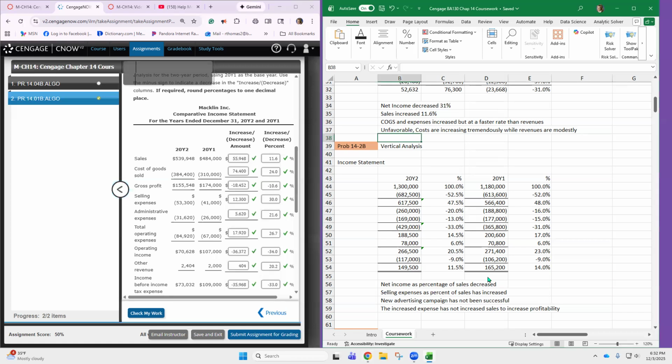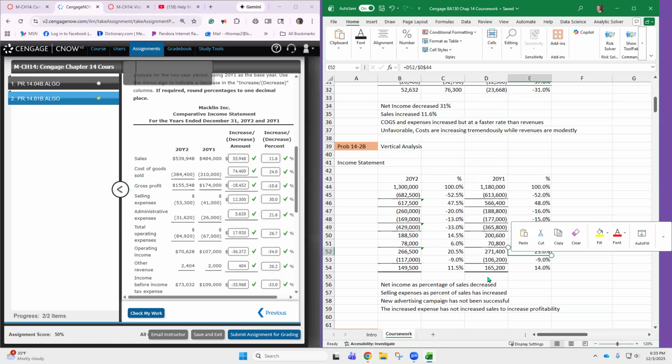So for every dollar of sales in year 2, we hung on to 47.5 cents to cover the cost of everything else. What do you hope to do? You hope to lower this. If you can get the cost of the stuff you're selling down without compromising the quality, then you're going to have more left over to cover more of the cost.